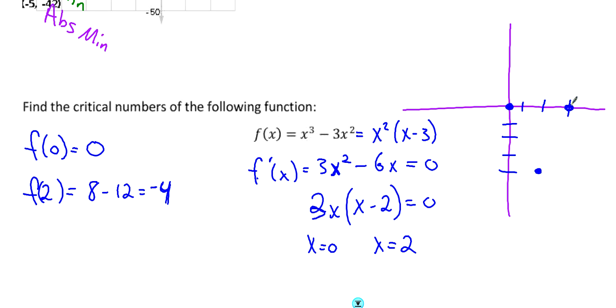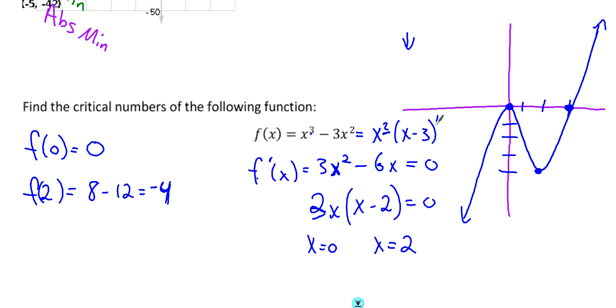We have an odd-degree function with a positive lead coefficient, so we know on the left side it goes down, and on the right side it goes up. So graphically, this comes down, crosses here, comes back up, bounces off the x-axis at 0, 0, and then comes back down. I know it bounces at 0, 0 because my multiplicity is 2. Even powers bounce, odd powers cross.